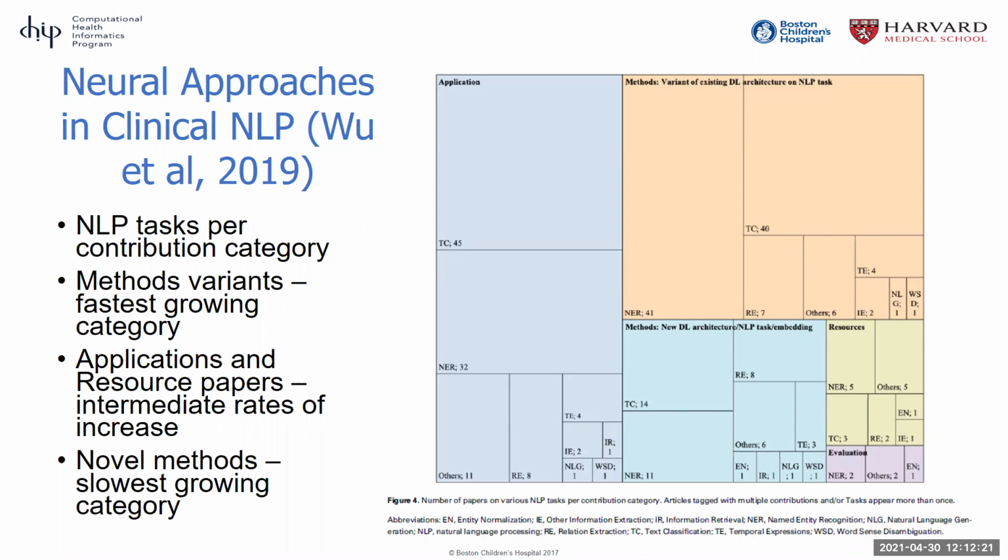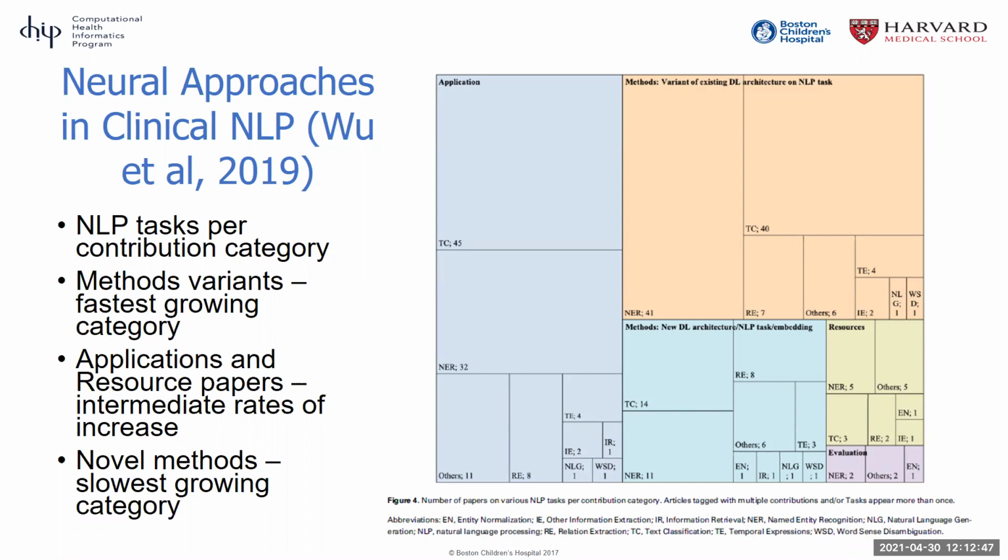The second fastest growing category is actually taking these variants of the state-of-the-art methods and applying them to real clinical tasks. Another fast-growing category is resources, and probably the slowest growing category is developing novel methods.